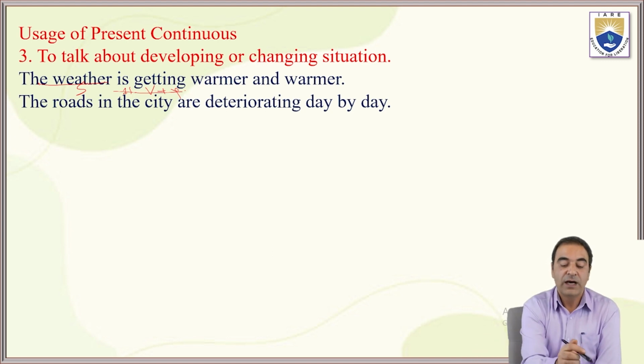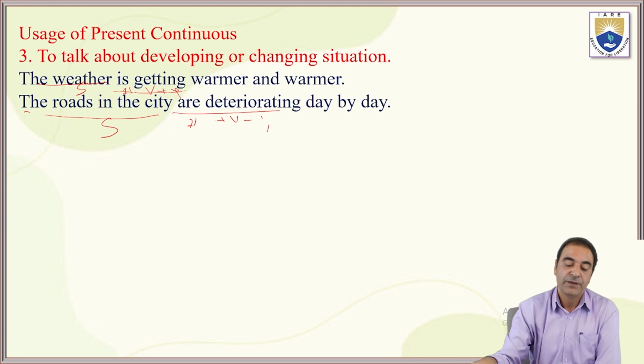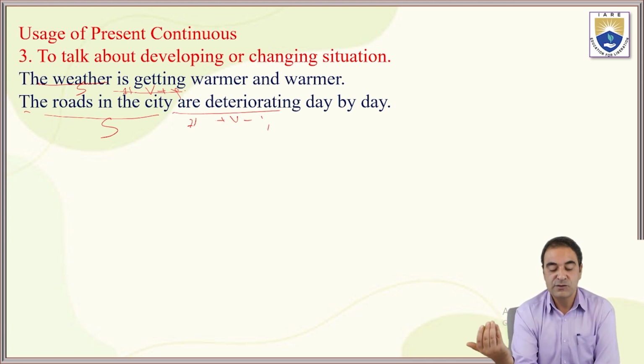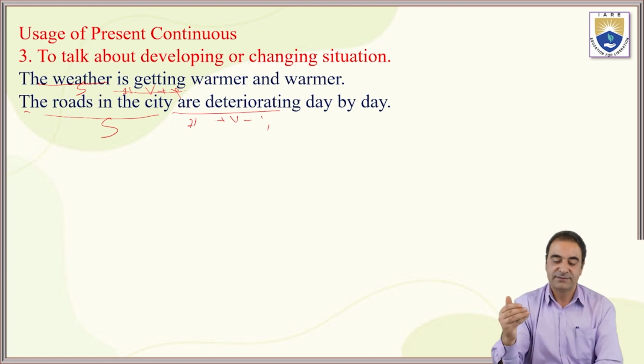Again, here we have the roads in the city as subject and then helping verb plus verb in ing form. Here I'm talking about a change that is occurring in our roads. That is, the roads are deteriorating day by day. We can express any change in present continuous tense.